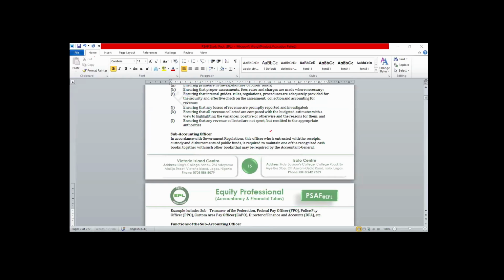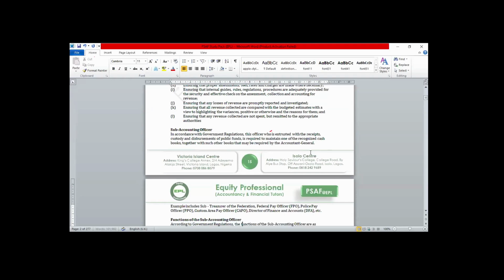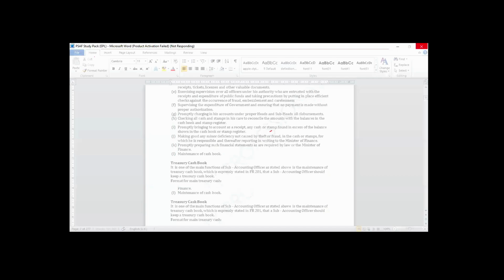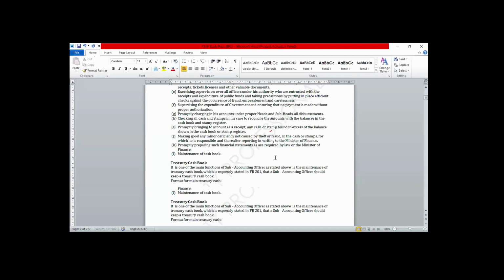Now let's look at it together. Let's look at the question first before we move down to what we're supposed to take. And others have not joined. What are the questions we have under the imprest cash book?